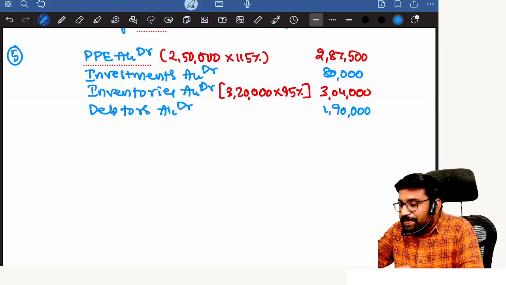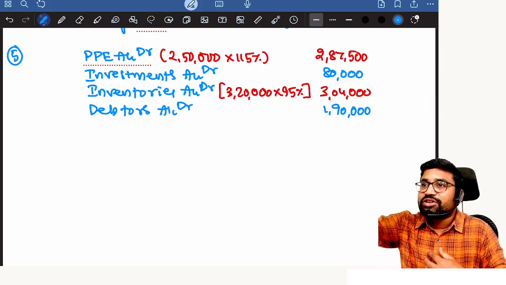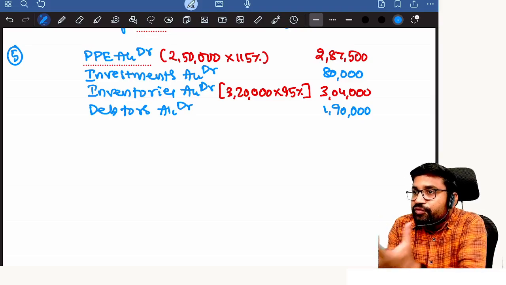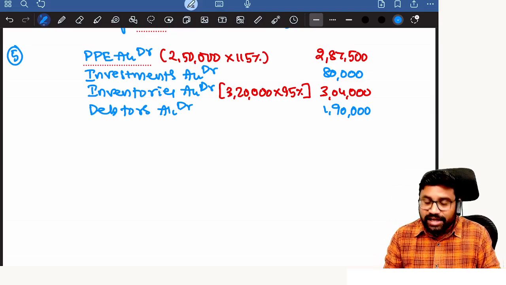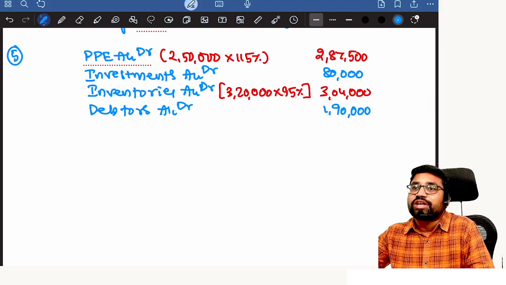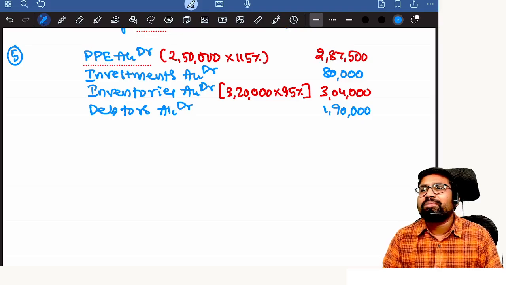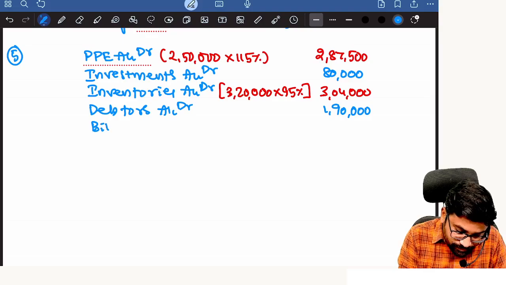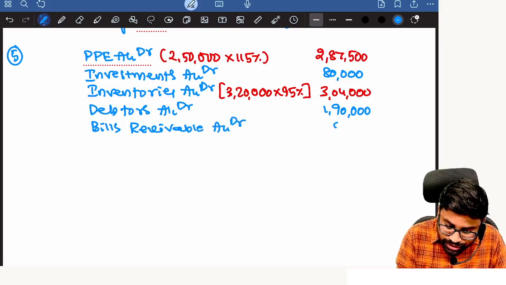On the credit side that 5% I will create as a provision. Generally that is the practice. Because I am taking debtors at less than book value, that means I am considering that as a provision. Therefore, debtors 1,90,000, and on the credit side I will write provision for doubtful debts, 5% on 1.9 lakhs. Everybody. Next, bills receivable. Bills receivable you need to write separately. How much? 20,000.